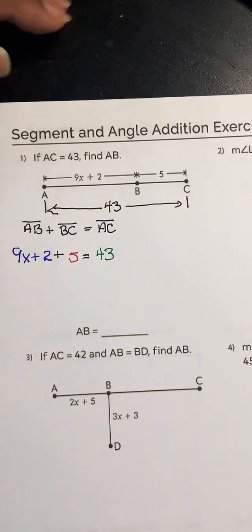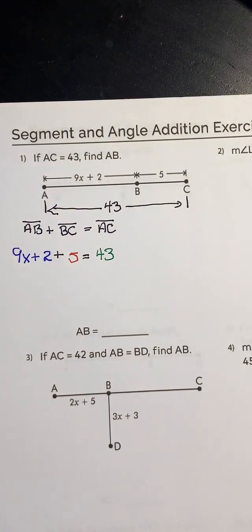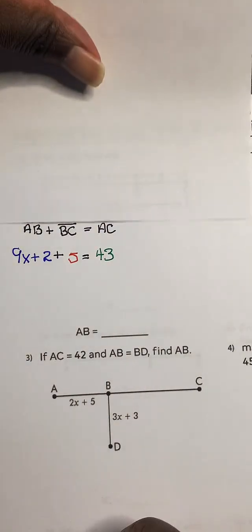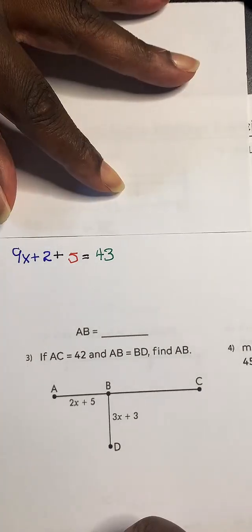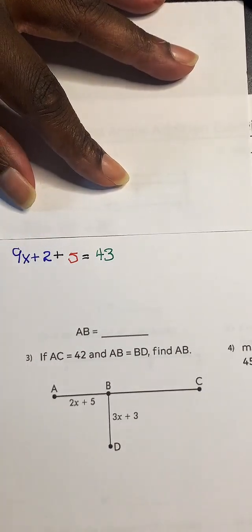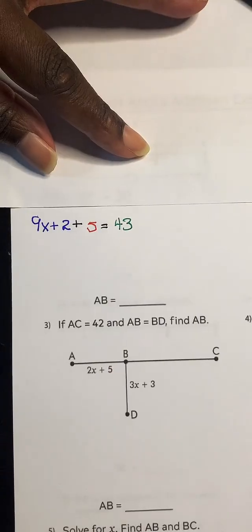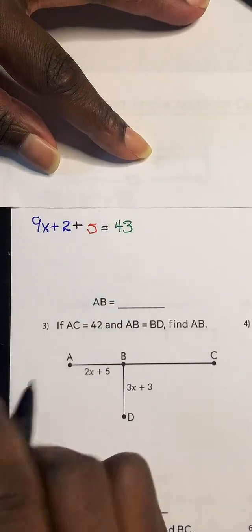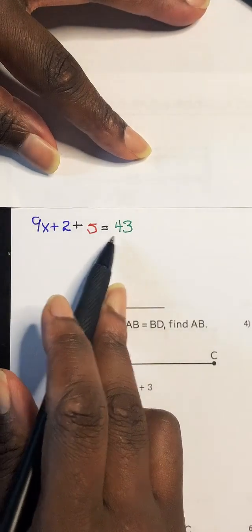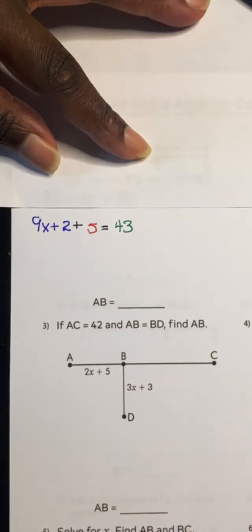So now, instead of just looking at it graphically, we're looking at it algebraically. So let me grab my little piece of paper so we can hide what's going on up here and focus on what's happening down below. We have 9x plus 2 plus 5 equals 43. This is the part that gets a lot of people.